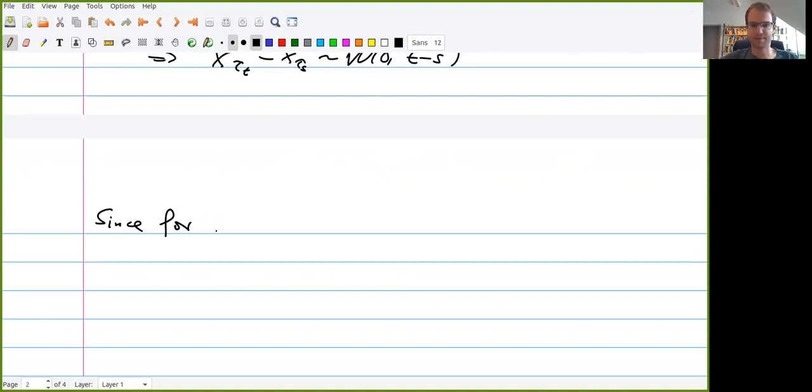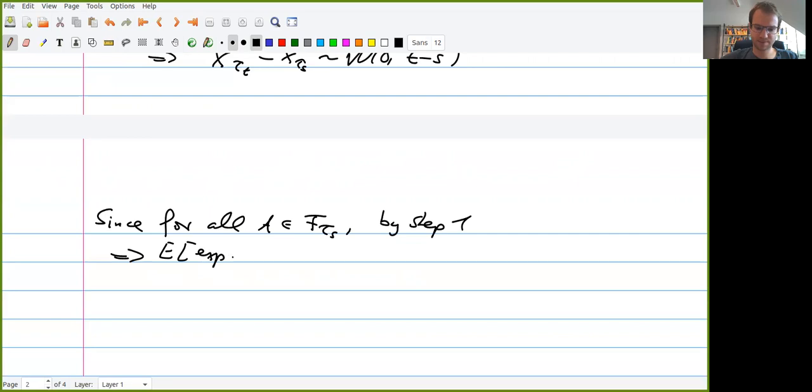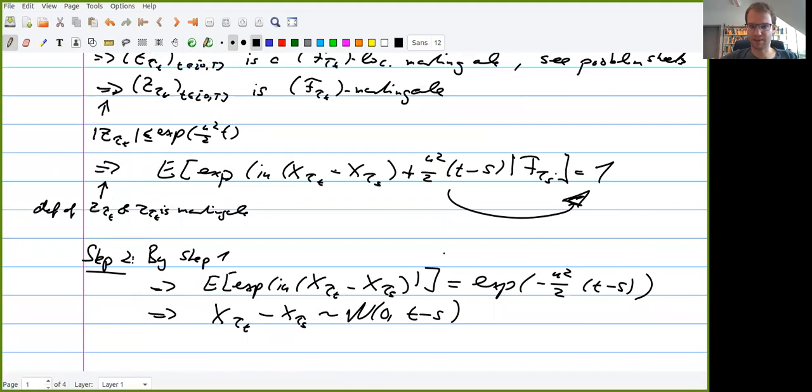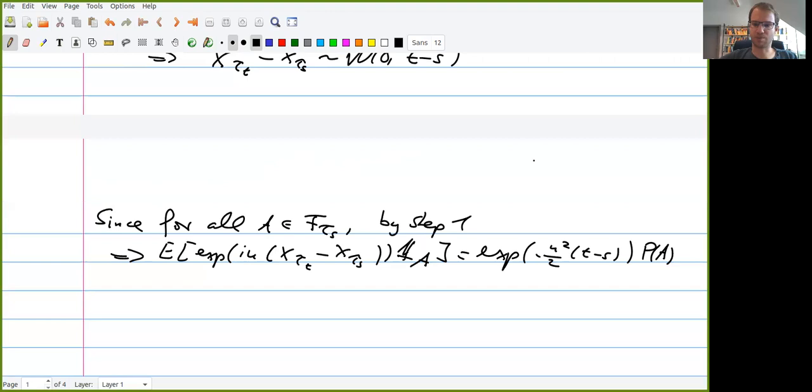So let's take an event A in the filtration F_tau_s, and we can again apply step 1, which tells us, if I look at the expected value of e^{iu} times the increment, and then I condition it on the event A, well, this is nothing else than exponential of u times s dt times the probability of A. Right, because on the other side we have the indicator function multiplied with the constant.